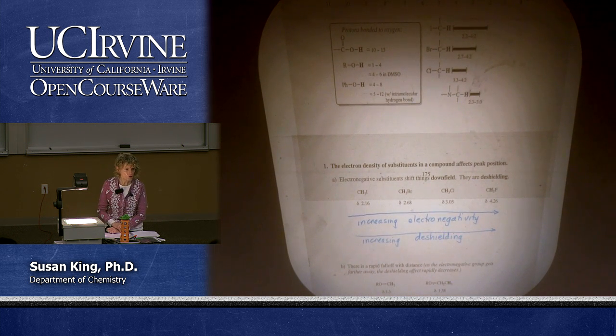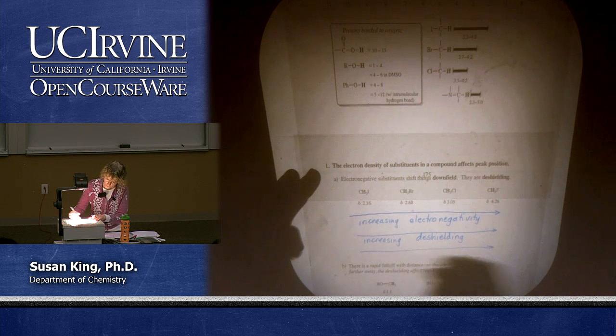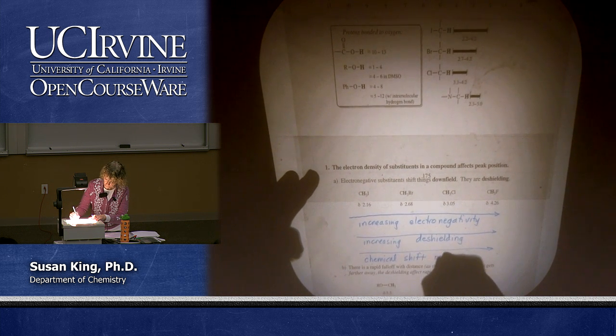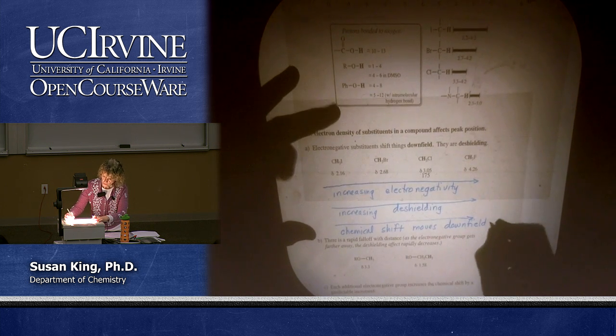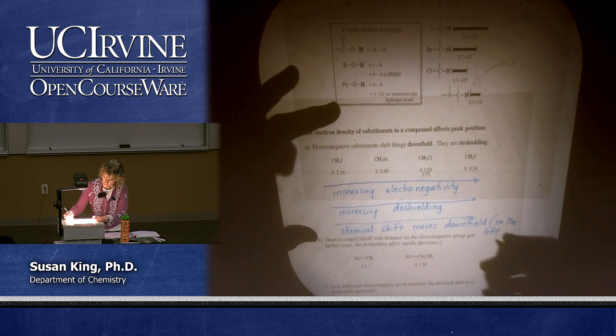Chemical shift is getting larger. That means it's de-shielding. Chemical shift moves downfield, which means to the left, away from TMS.